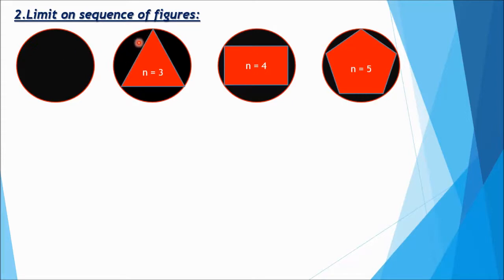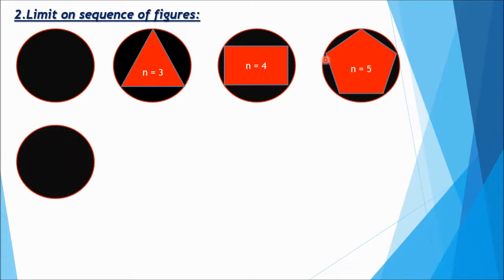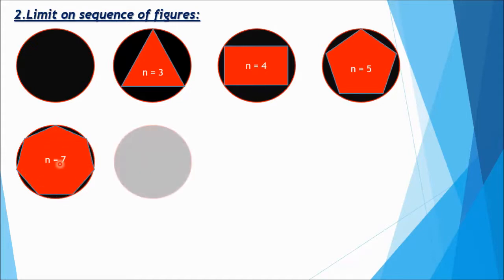Now when n is equal to 6, okay, we skip 6. It's n equal to 7. Now you can see the black part is decreasing, it's decreasing even more, isn't it? Now when n is equal to 7, let's see what happened when n is equal to 8. It's decreasing more.